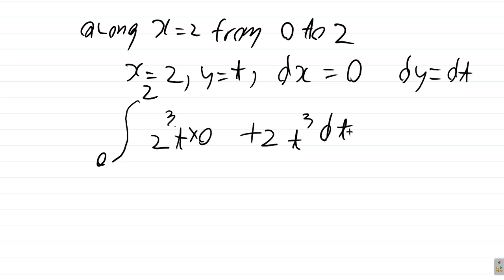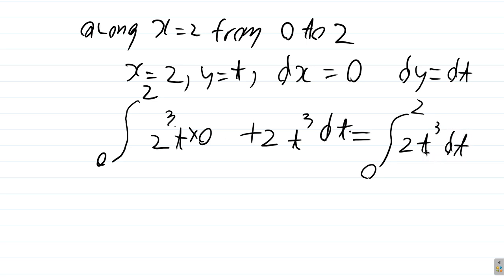We don't have two different letters; we have only one variable throughout, and we have dt. The dx part is 0. So what you have here is the integral from 0 to 2 of 2t cubed dt.